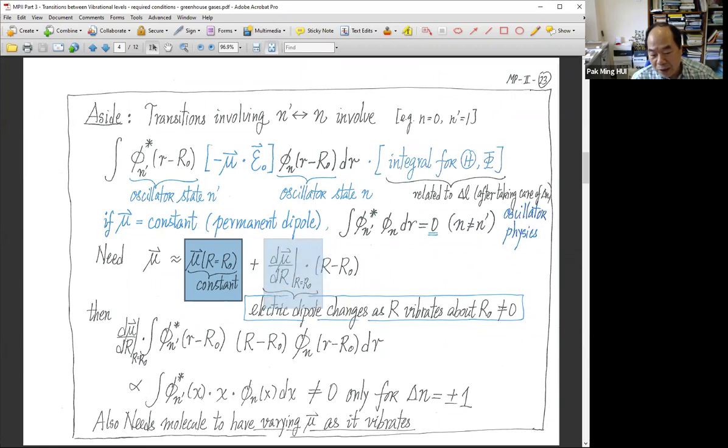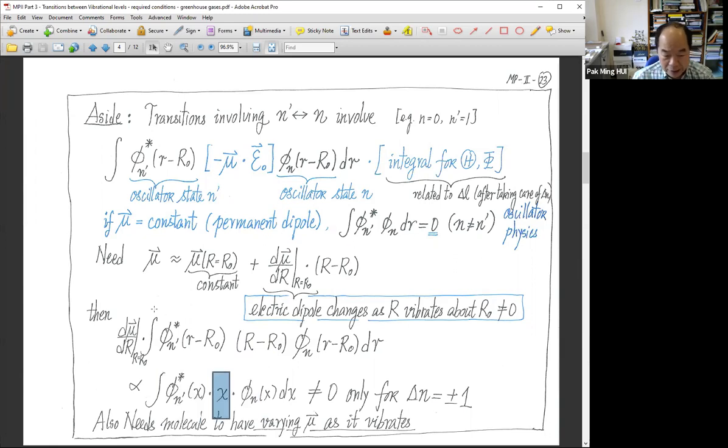Then the problem is this term. Okay? So I write this out there, and then I have R minus R0. So I have there. Okay? Now, after you shift the coordinate, this is harmonic oscillator state n prime with an x in between.